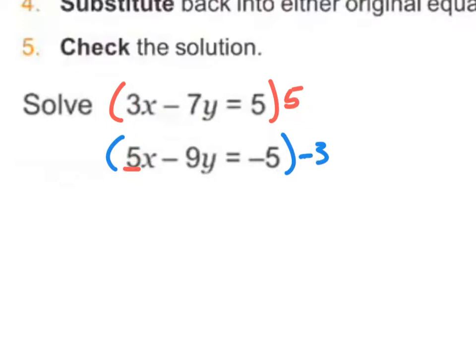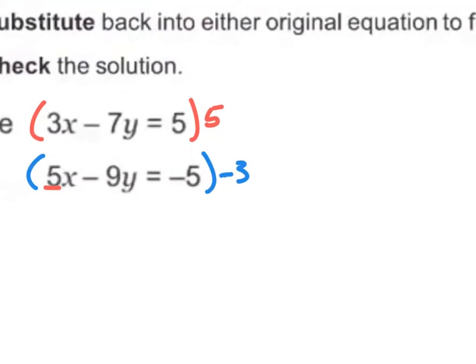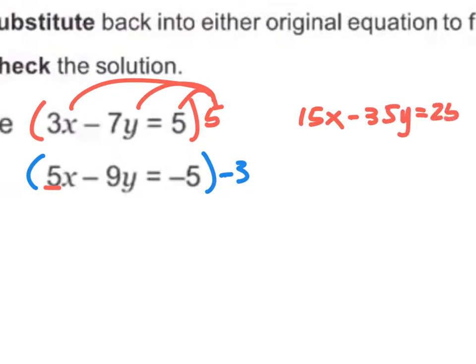Now I'm going to distribute my 5 into each of these terms. So I end up getting 15x minus 35y is equal to 25.